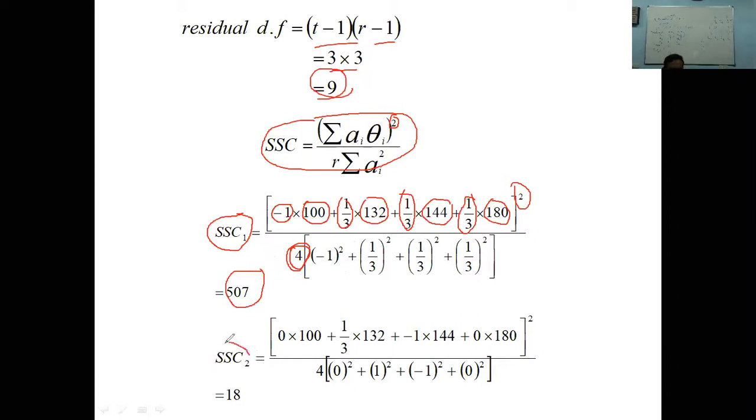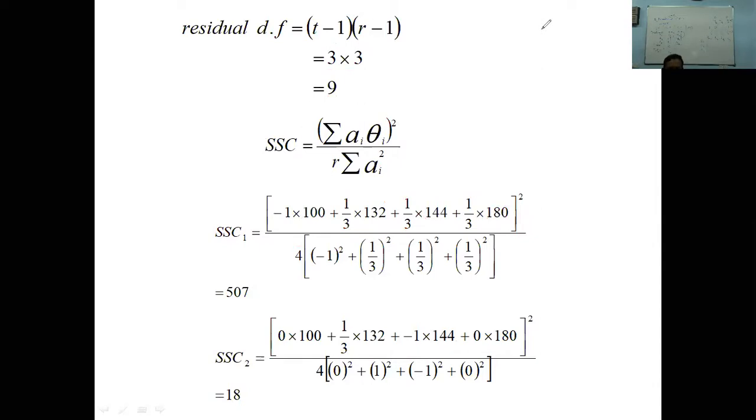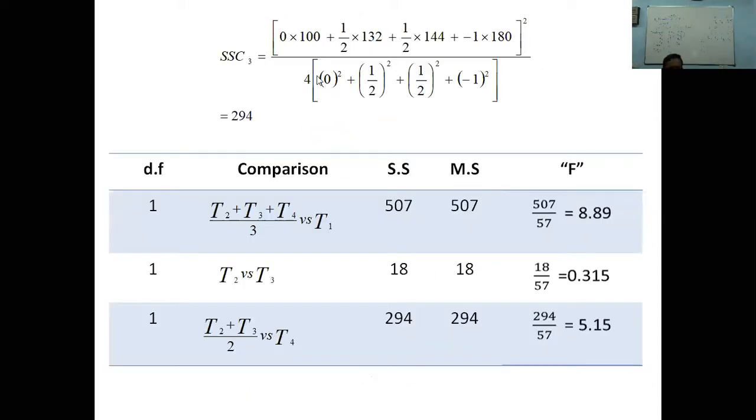Similarly, you can calculate the sum square of the second contrast. Only the coefficient changes. The treatment total remains as it is, right? Coefficient changes, so you get the sum square for the second contrast. Then you calculate the third contrast sum square.